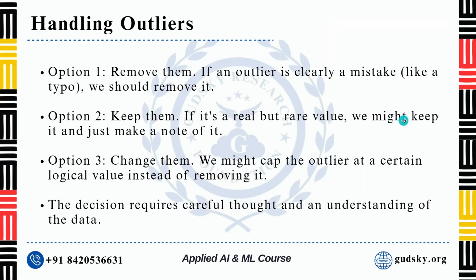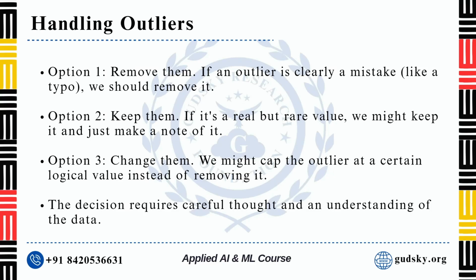Just like with missing values, we have a few options for handling outliers. Option 1. If we are certain it's a mistake, like a typo, you can simply remove that data point. Option 2.